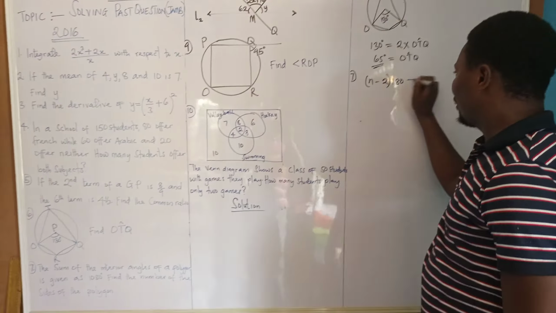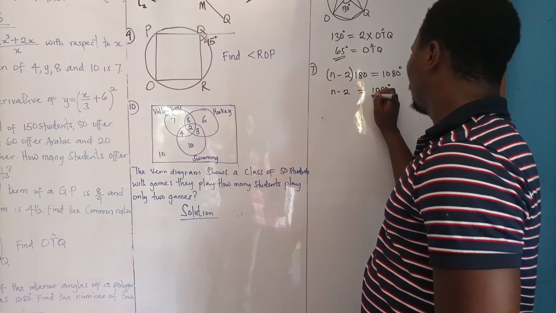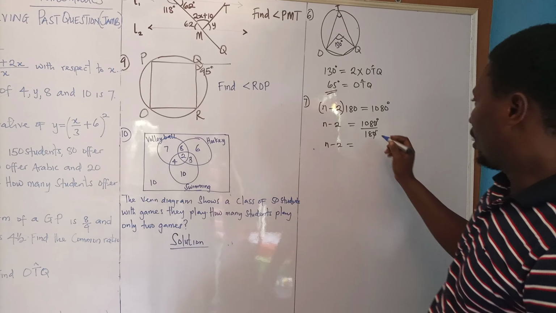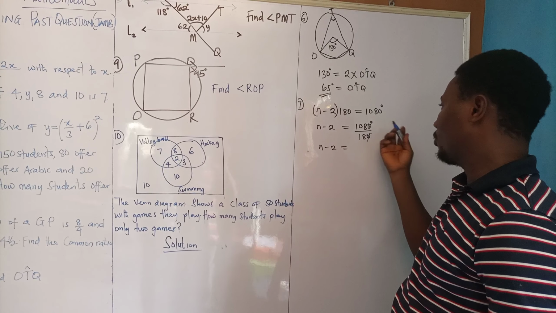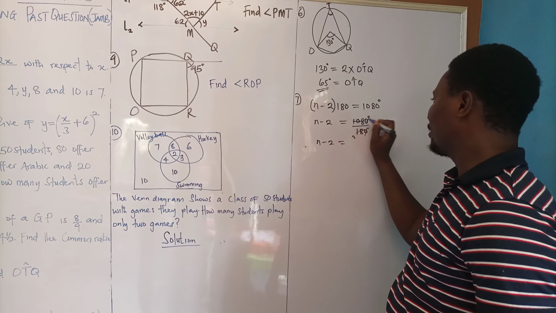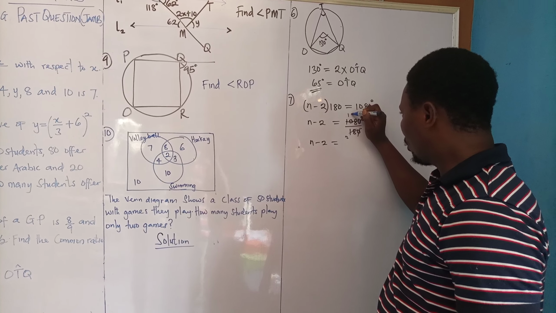N is the number of sides. So we say divide both sides by 180. So you have n minus 2 to be equal to 1080 degrees all over 180. Cancel this. So you have n minus 2 to be equal to... 9 can go here. 9 here is 2, and 9 here is going to give us 12.